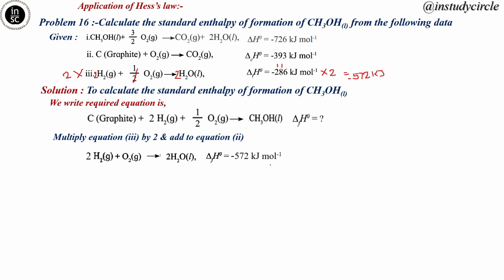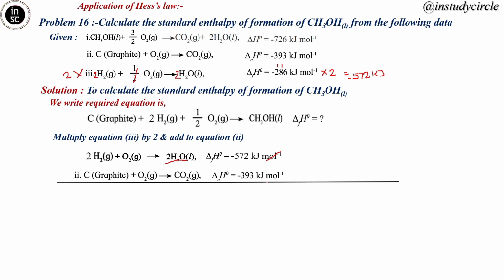अब यहाँ पर पर मोल नहीं आएगा क्योंकि अब यहाँ पर 2 मोल्स ऑफ वाटर तैयार हुए हैं, तो पर मोल को हम निकाल देंगे। ओके, चलो इक्वेशन नंबर 2 becomes carbon plus 1 mole of oxygen, they produce carbon dioxide and their enthalpy of combustion is minus 393 kilojoules per mole. अब इन दोनों इक्वेशन को हम ऐड कर देंगे। So we get 1 mole of carbon reacts with 2 moles of hydrogen plus 2 moles of oxygen. 1 मोल इक्वेशन नंबर 3 में है और 1 मोल यहाँ पर, सो 2 मोल्स ऑफ ऑक्सीजन, and it gives 1 mole of carbon dioxide and 2 moles of water.